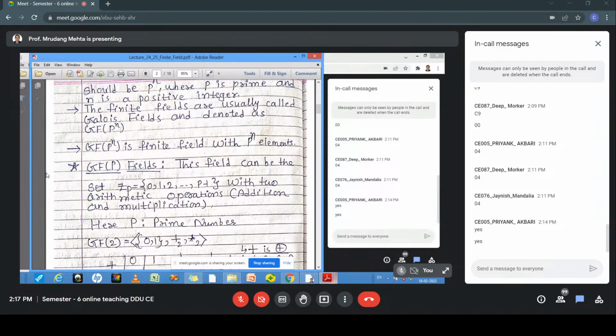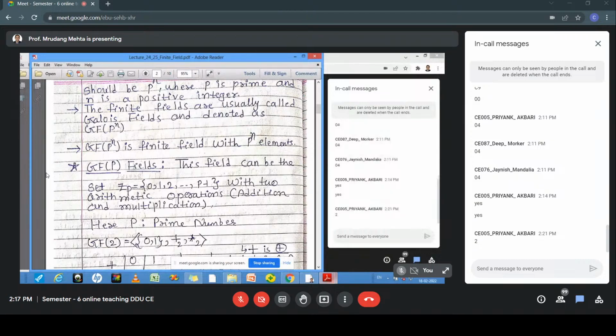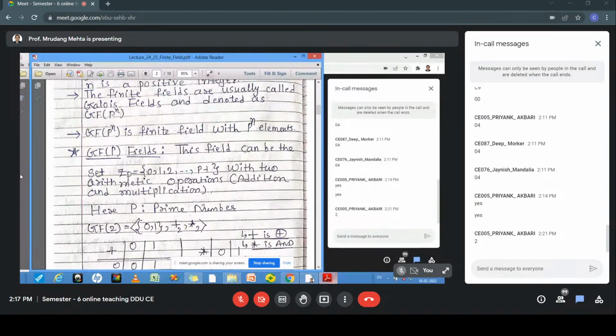What is the value of p here? If we compare, yes, p is 2, and 2 is a prime number. So we have understood that GF(p^n) is a finite field with p raised to n elements.